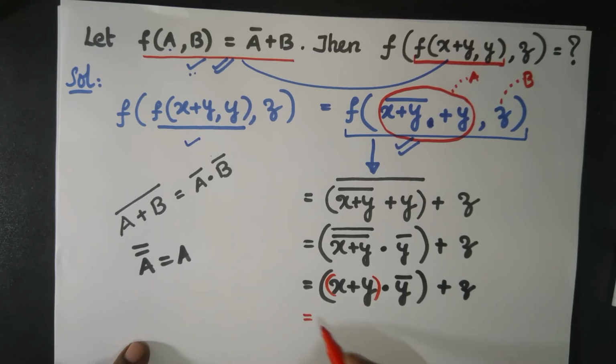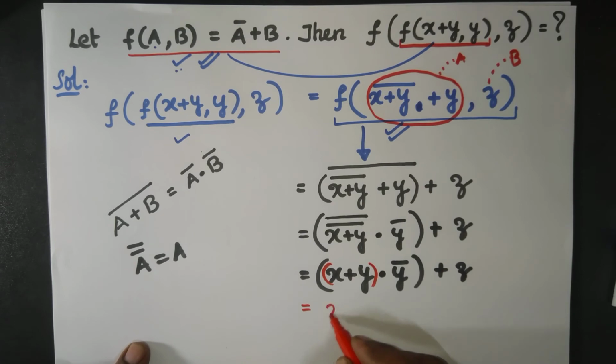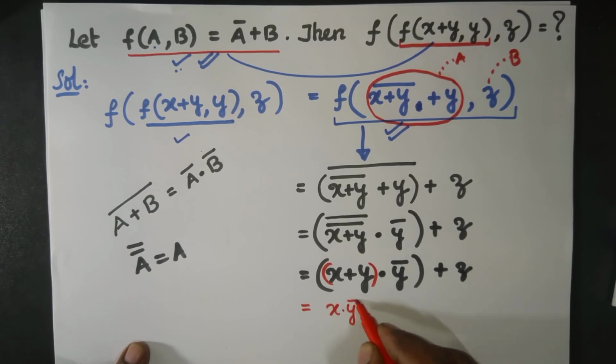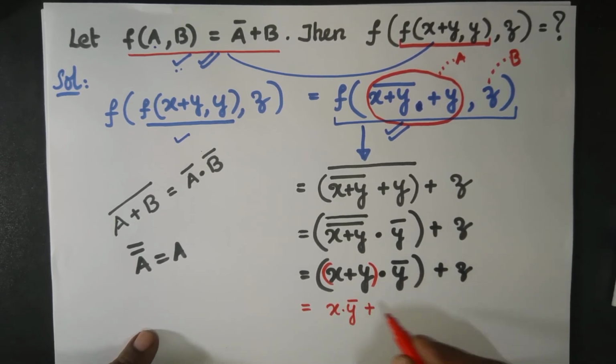So now you simplify this further. If you simplify this, x y complement or y y complement or z. We know y and y complement is 0.